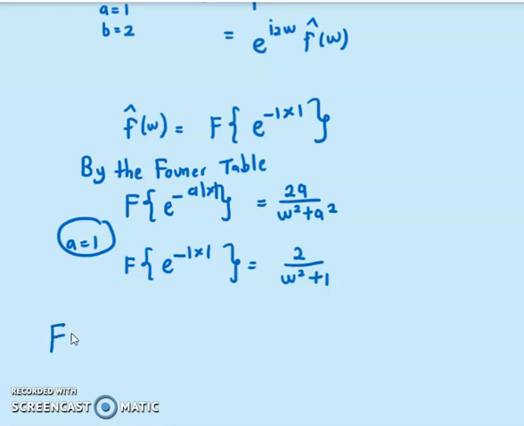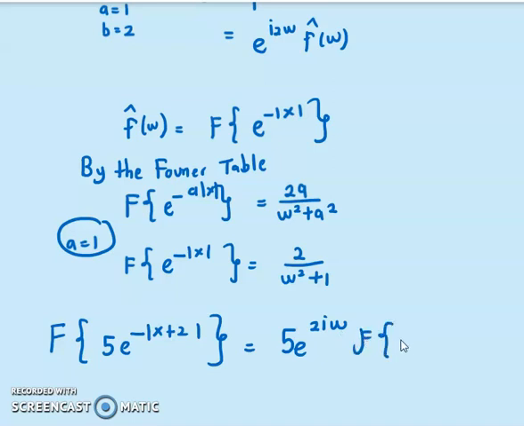Therefore, for my final solution, the question asks you to find the Fourier transform of 5e^(-|x + 2|). Putting all the pieces back, we have earlier 5 e^(2i omega) times the Fourier transform of e^(-|x|), which is 2 over omega squared plus 1.